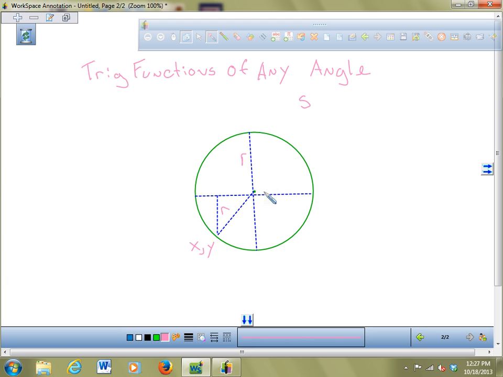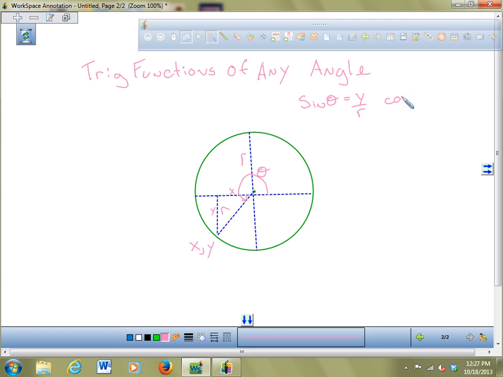So the sine of this angle, some angle from here to here, you always go counterclockwise from the x-axis. Sine of theta, which I'm going to call this theta now, this side here is x, and this side here is y, still. So the sine of theta is going to be opposite over hypotenuse, y over r.